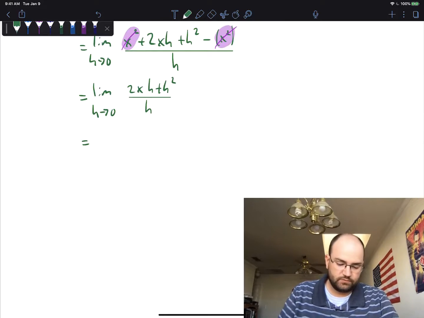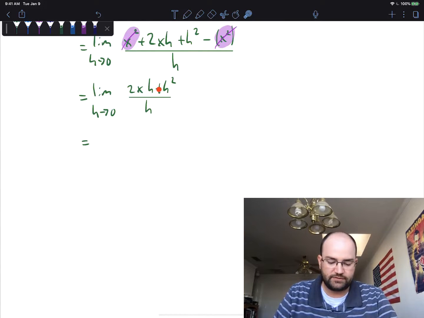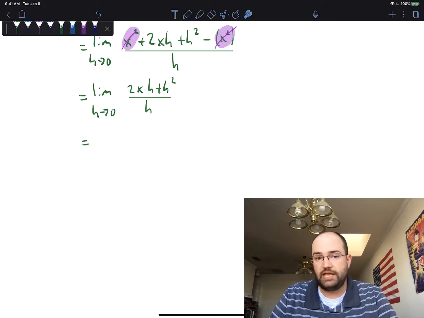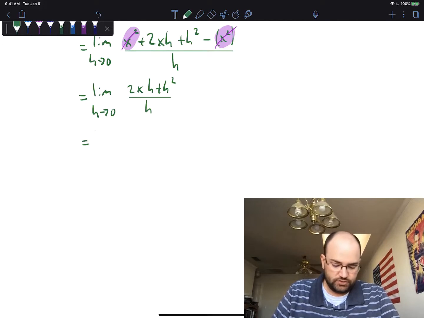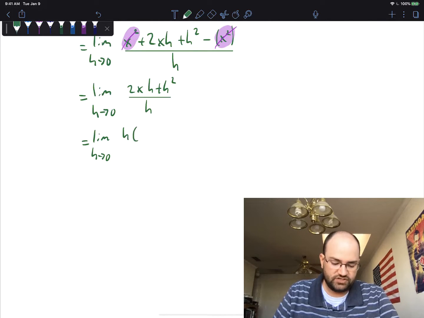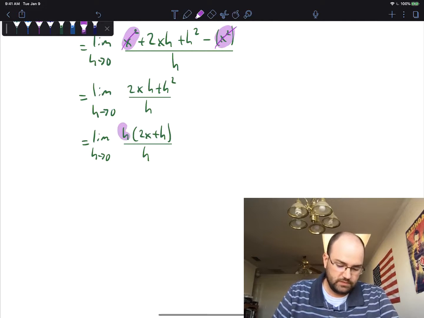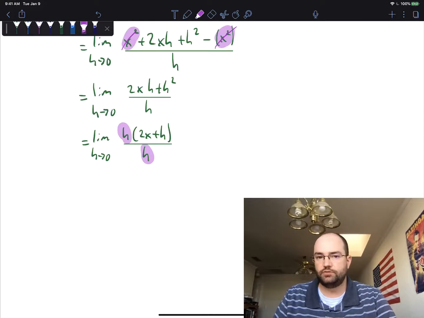Okay, so notice now there's a common factor of at least an h. There may be more than h, it doesn't matter. H is the only thing we care about. So let's factor out the h. So it gives us the limit as h goes to 0 of h times 2x plus h, all over h. And now notice that there's an h in the numerator, h in the denominator.